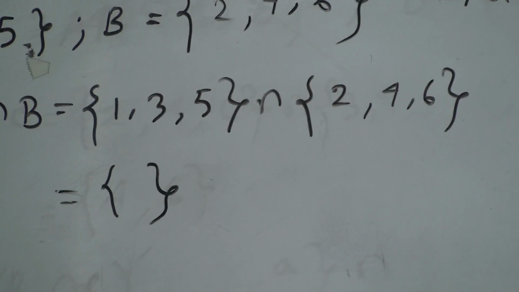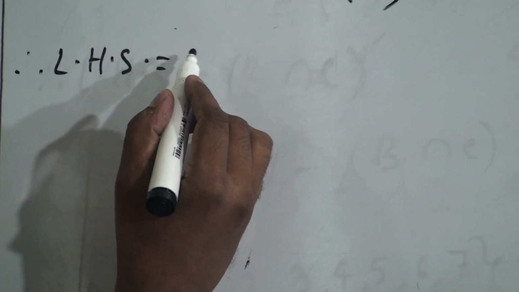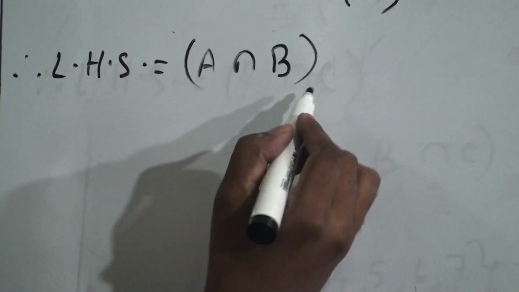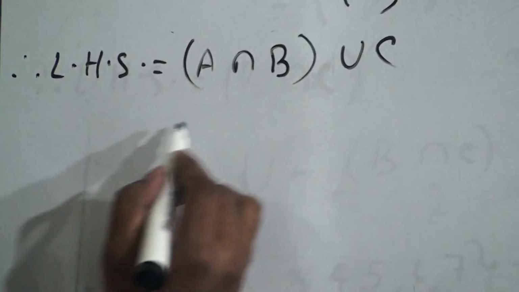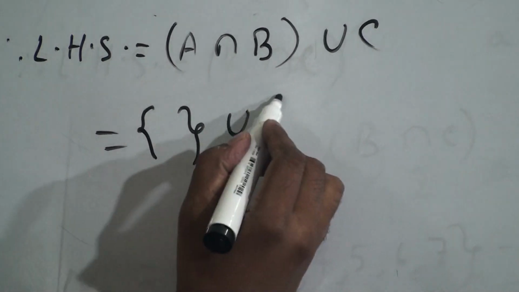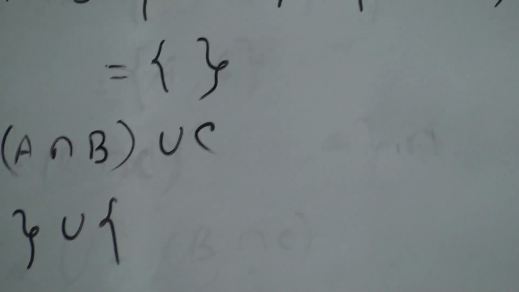Now value of left hand side we can find. Therefore left hand side is equal to A intersection B union C. Here value of A intersection B is empty set, union value of C is 3 4 5 6 7.